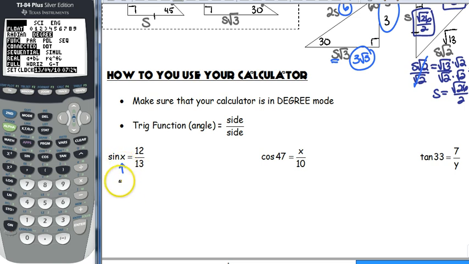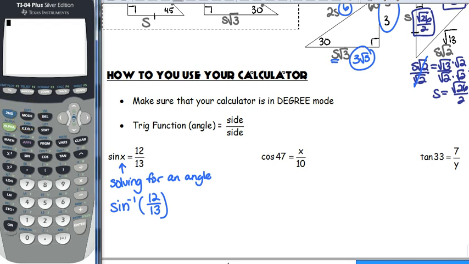This is telling me that I am solving for an angle. When I am solving for an angle, we have to use inverse trig. And because our trig function is sine, we need to use inverse sine. So we want inverse sine of 12 over 13.